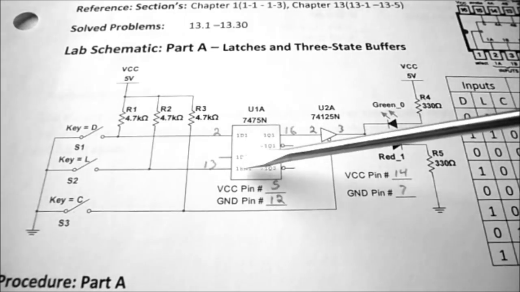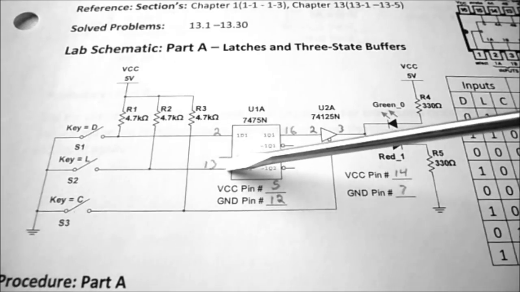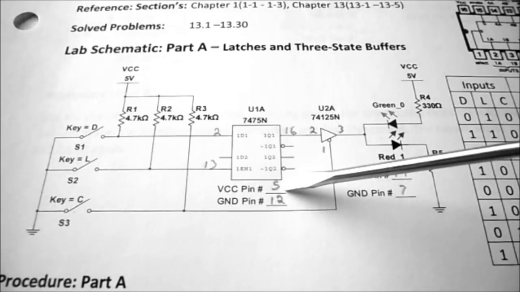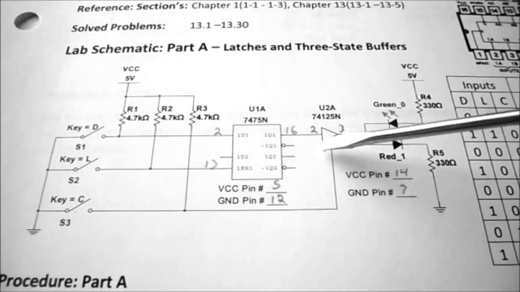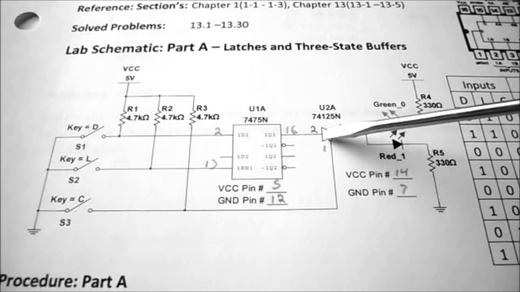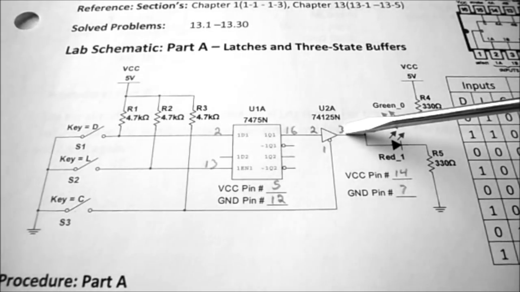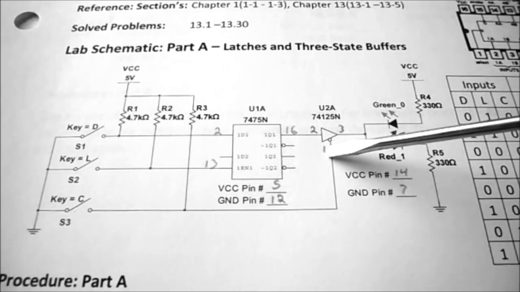And the enable line is actually labeled G, which probably represents gate, and that is on pin 13. Please notice that VCC is on pin 5 and ground is on pin 12. For the 74125, the input is on 2, the output is on 3, and its enable line is on pin 1.